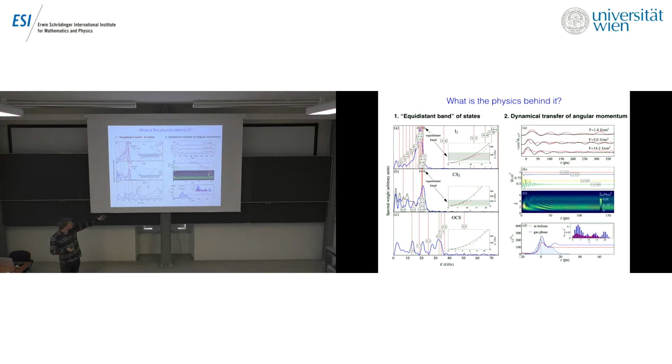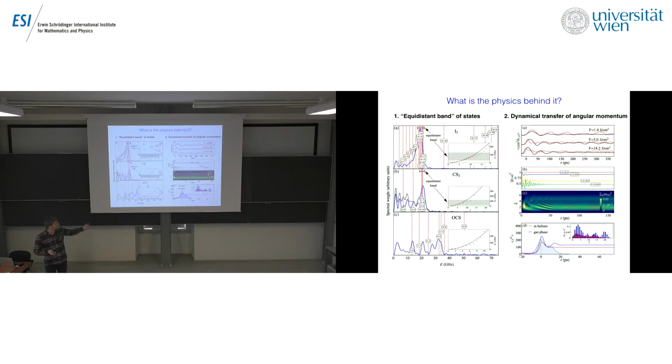Here you can see the comparison with experiment, where experiment is the black line and the theory is the red line, and it is not that convincing. Not all the features are described. So it turns out that the second effect that is extremely important is to dynamically populate these levels. It's not enough to have these levels in helium.